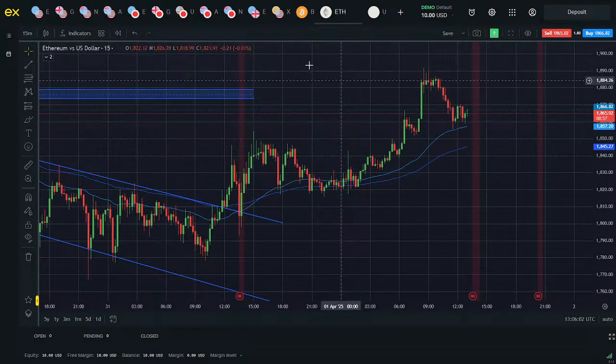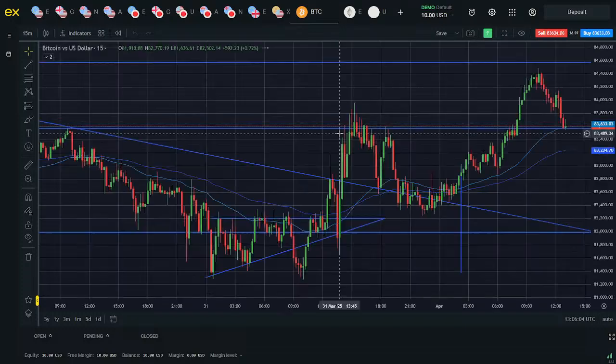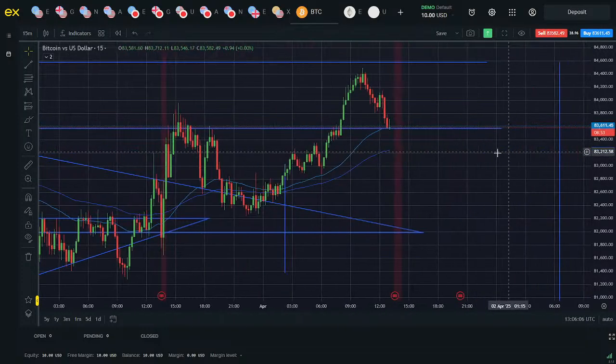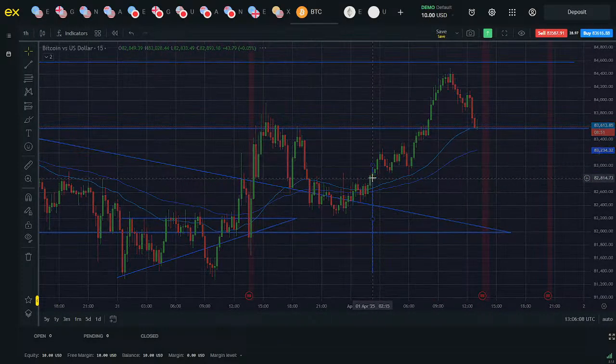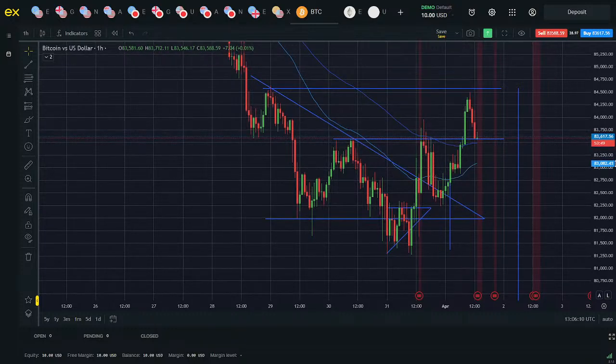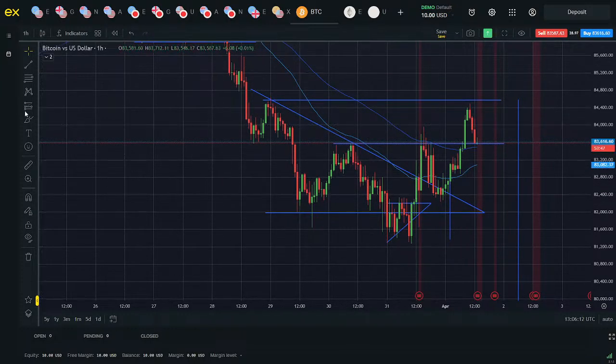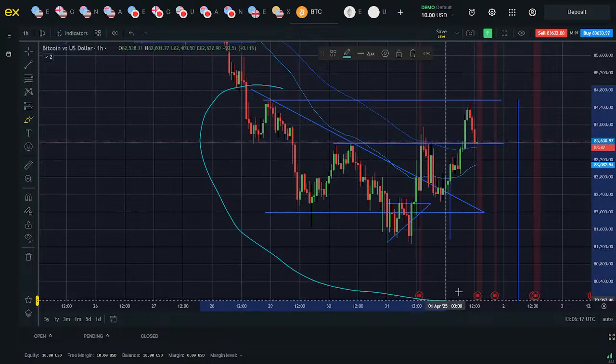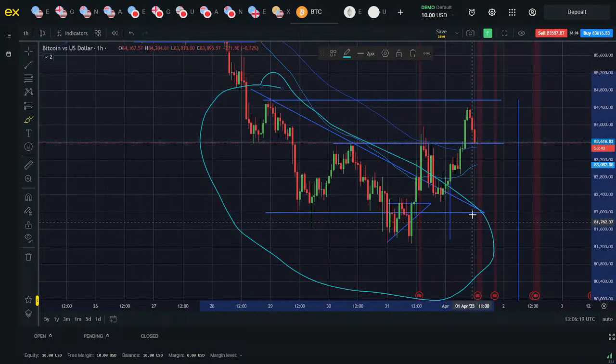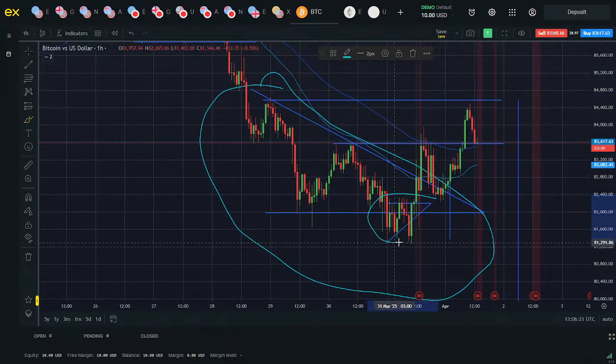we are first in BTC. What's going on in BTC is that in the 1 hour time frame we had this descending triangle, and inside it there was an inbuilt ascending triangle.